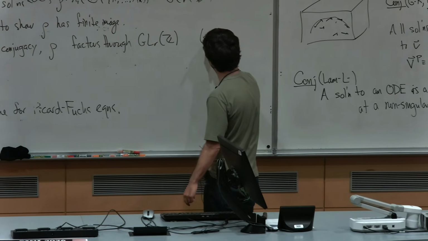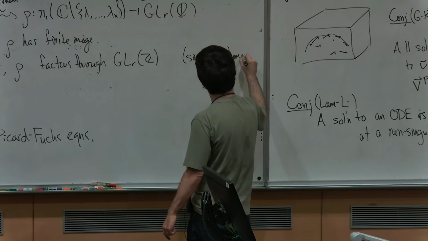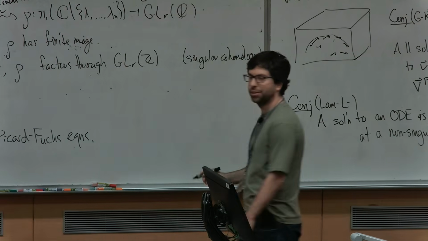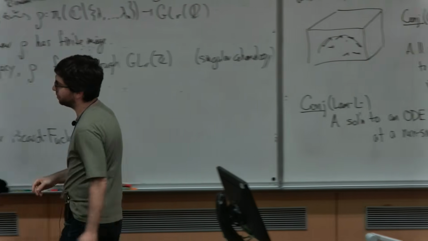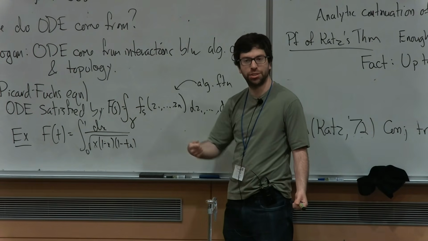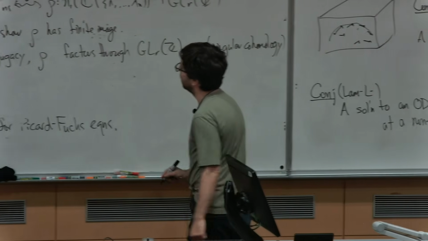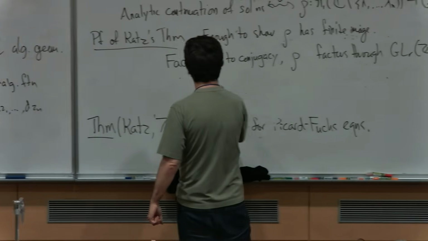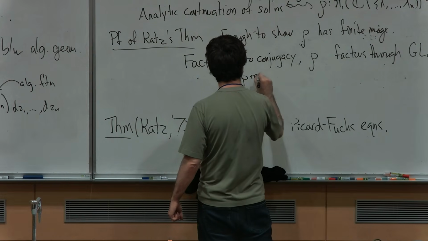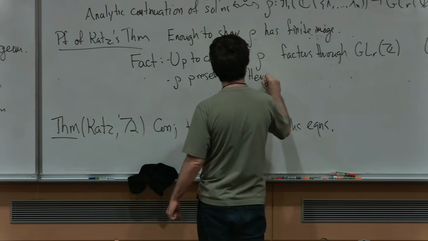And this comes from the theory of singular cohomology. It's not at all obvious that there's any relationship to singular cohomology. My hint is that integration is about the comparison between de Rham cohomology and singular cohomology. So that's how singular cohomology appears. And the other fact is that rho preserves a Hermitian form.